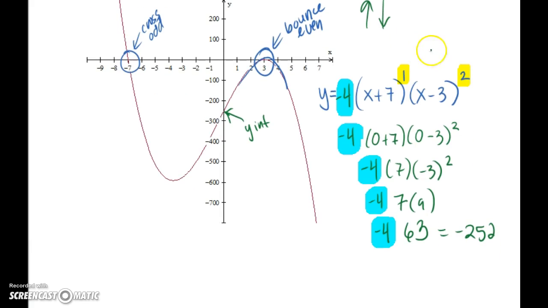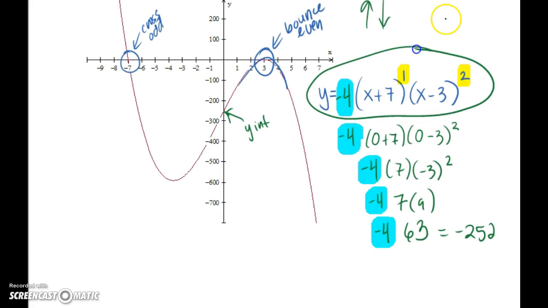So what is our answer? This is our polynomial function that corresponds to that graph. The factors come from the x-intercepts. The powers on the factors come from whether it's bouncing or crossing through the x-intercepts, and the leading coefficient is dependent on the y-intercept here.